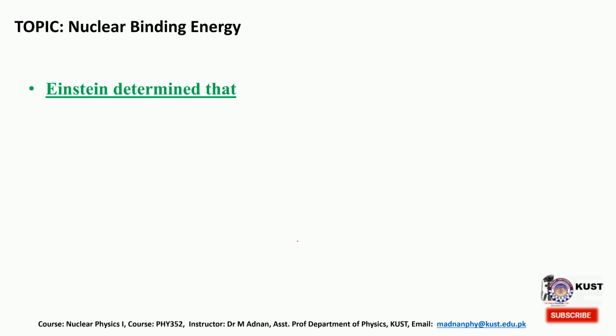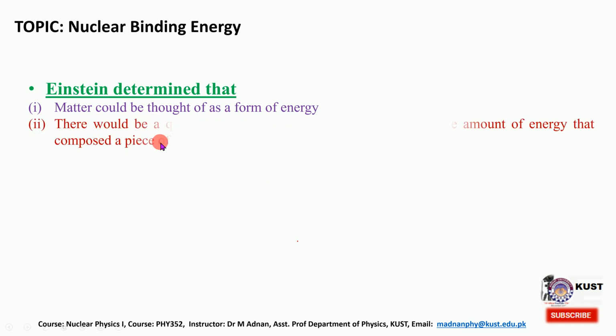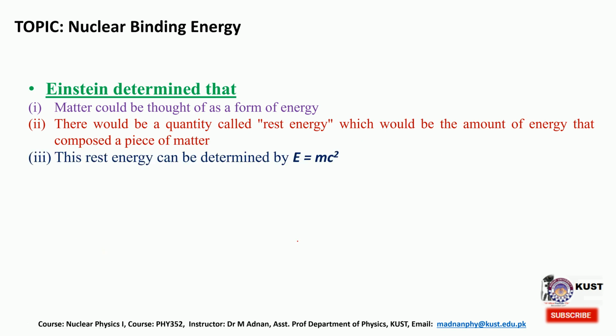Now, to answer this, Einstein determined that matter could be thought of as a form of energy, such that there would be a quantity called the rest energy, which would be the amount of energy that composed a piece of matter. And his famous equation, the rest mass energy, is given by E is equal to mc square.